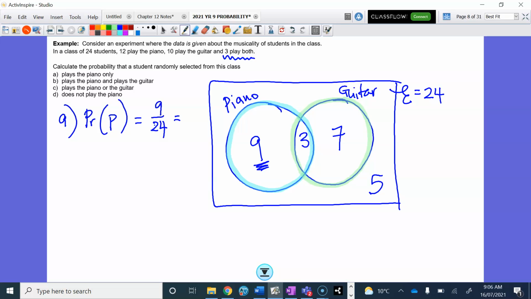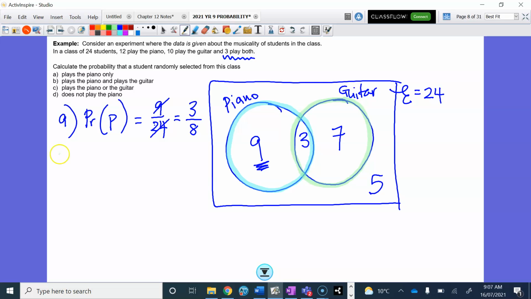So 9 out of 24, I know that's going to cancel down. 3 goes into both of these numbers. 3 goes into 9 3 times, and 3 goes into 24 8 times. So the probability of a student out of that class picked at random who plays only the piano is 3/8.